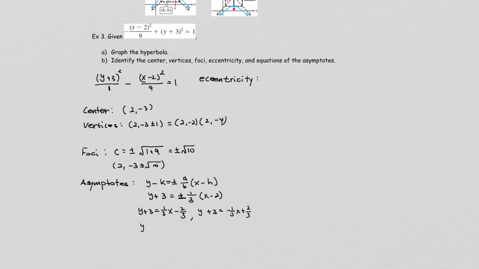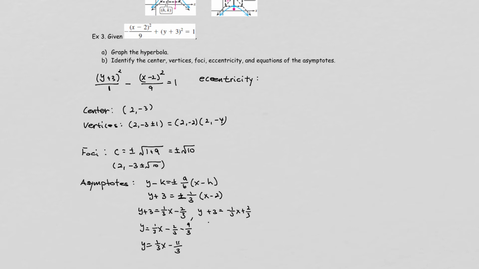And when you subtract 3, having the same denominator of 3, that's the same as subtracting 9 over 3. So you get y = 1/3 x − 11/3.